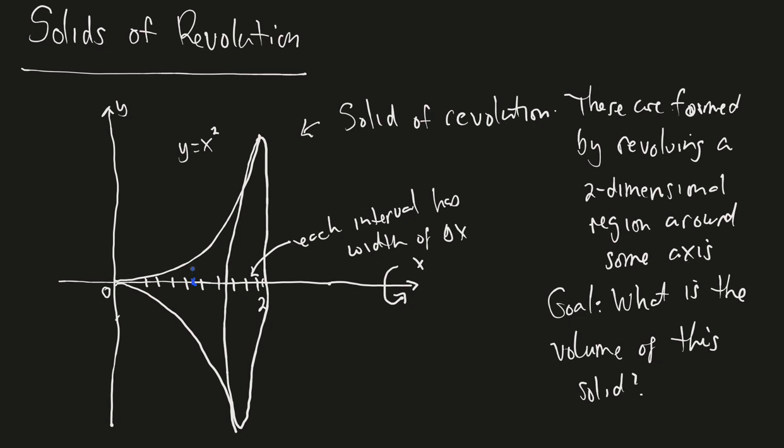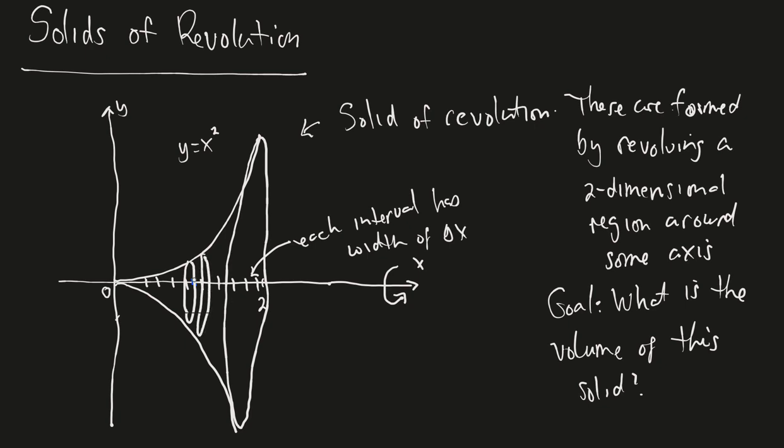From that interval, where I have the little asterisk indicated, I am going to slice out a disk that goes all the way around. Actually, let me make that a little bit clearer. We're going to slice out something that goes all the way there and then all the way there.